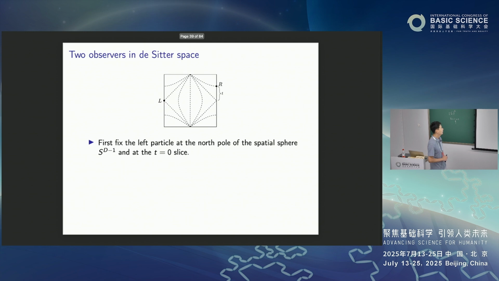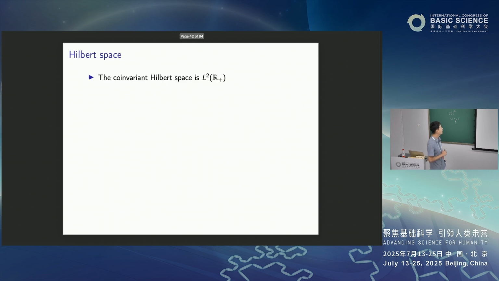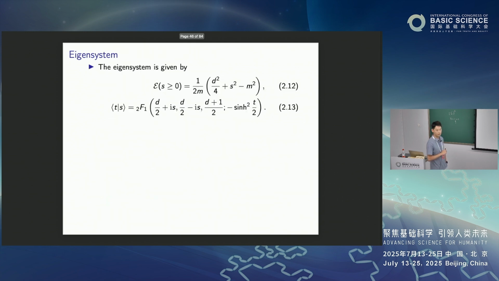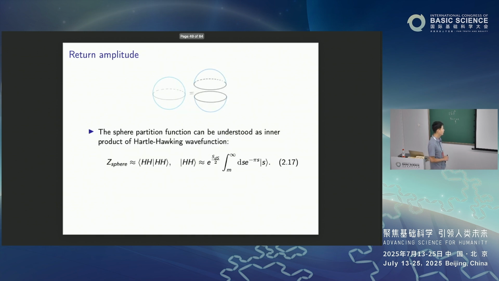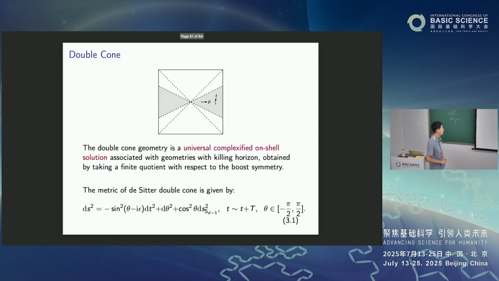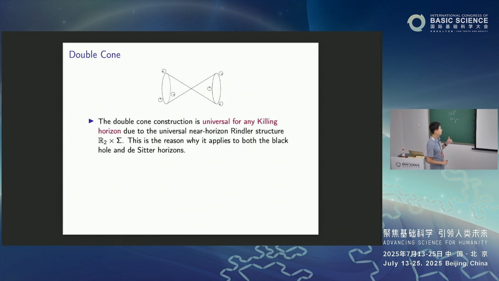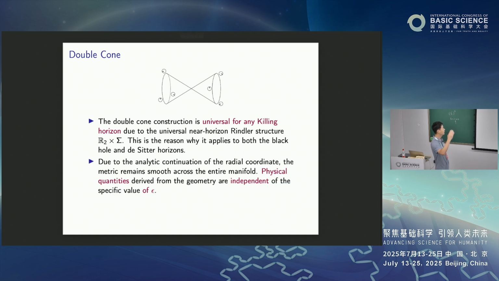For example, a model for the observer you may think of is to put a black hole in de Sitter space, and actually people think about it. Now this double cone, including the observer, is nothing but the double cone for Schwarzschild de Sitter. So you can tune their temperatures so that they are in equilibrium and you get a smooth geometry, but then you won't get such a linear in T ramp.